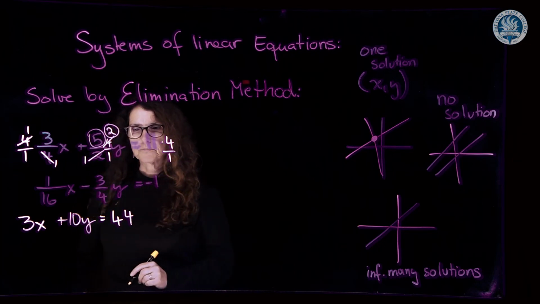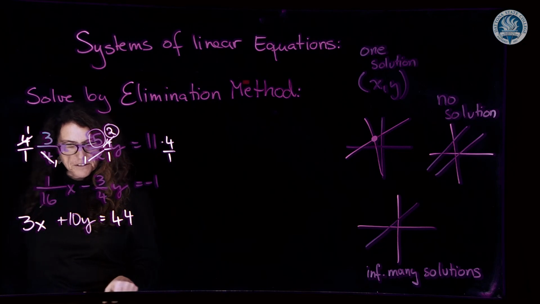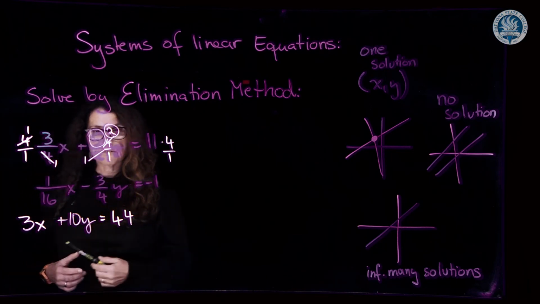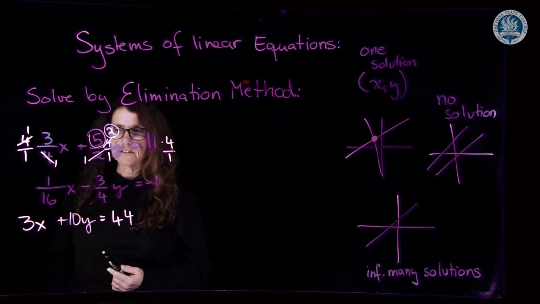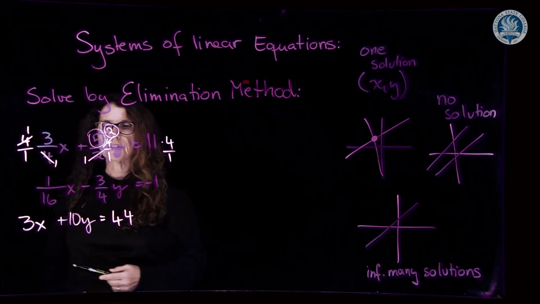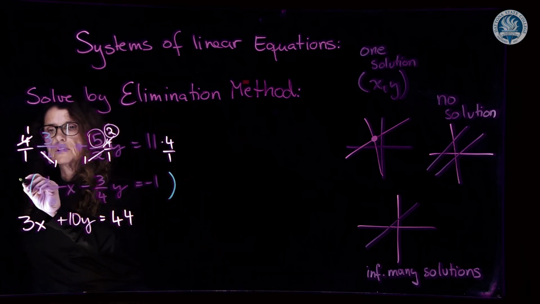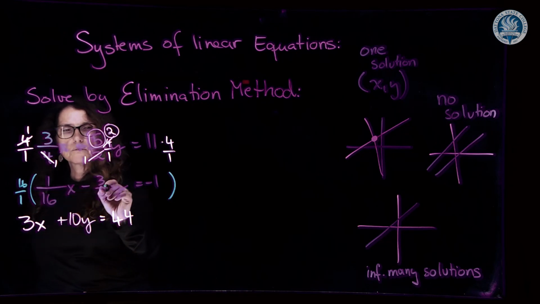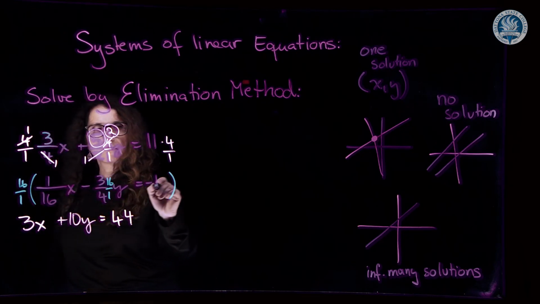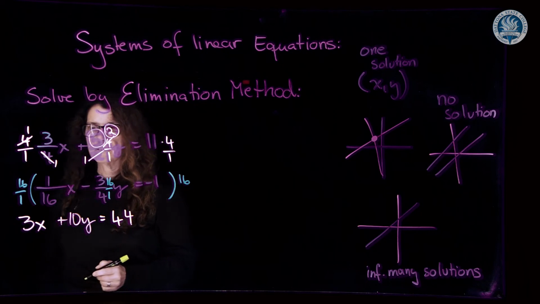Now I'm looking at the second equation, and I do the same thing with finding the least common denominator of 16 and 4, and in this case that would be 16. So I multiply by 16 over 1, 16 over 1, and by 16.